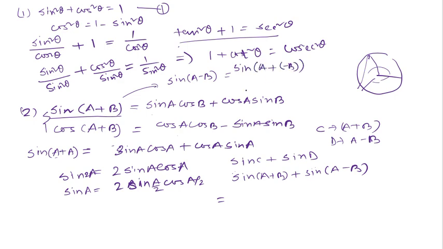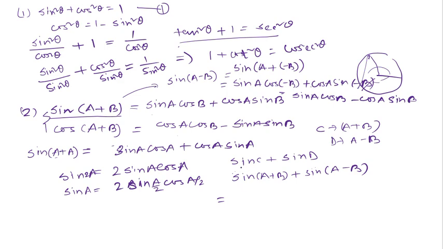So now it becomes sin A cos (minus B) plus cos A sin (minus B), correct. We have already seen what sin minus theta is. Cos minus theta is cos theta, so it becomes sin A cos B minus cos A sin B. Why minus? Because sin minus theta is minus sin theta, so it is minus cos A sin B.